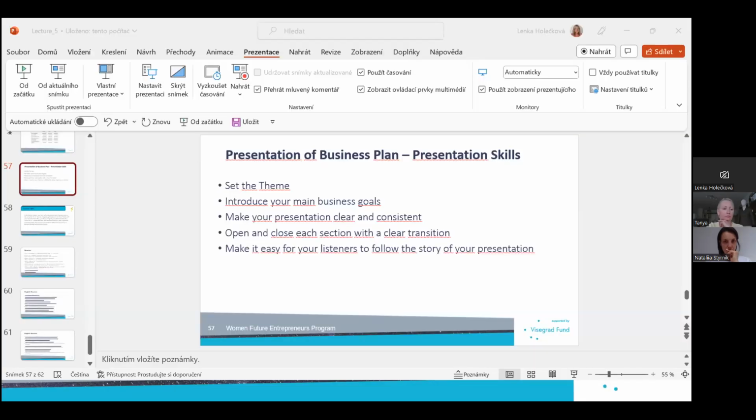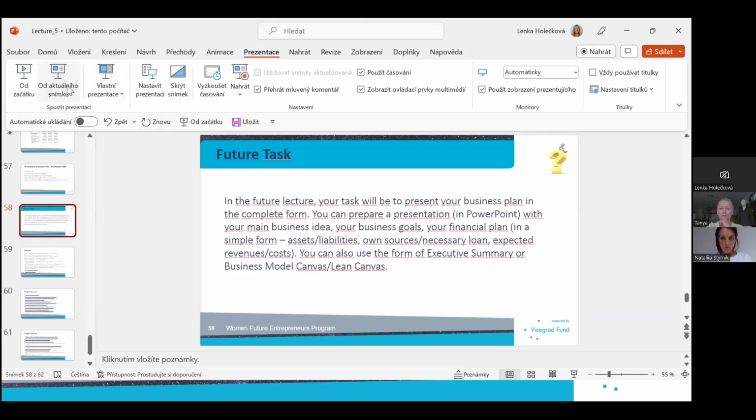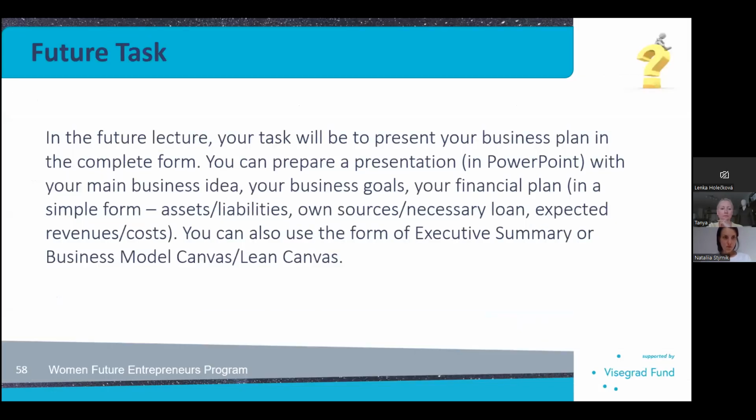For the purpose of next week, we have our lecture next Tuesday. Your task will be to present your business plan, as you know, in its complete form, or the form should be as complete as possible.